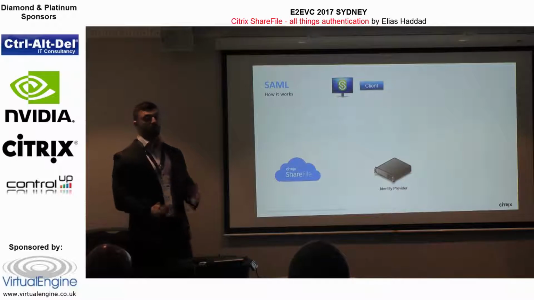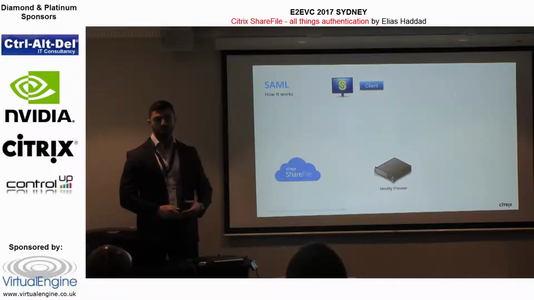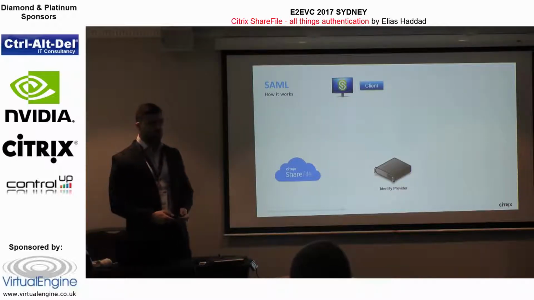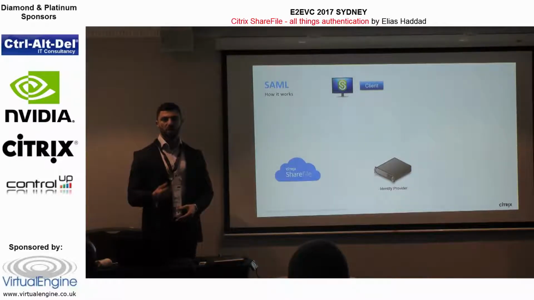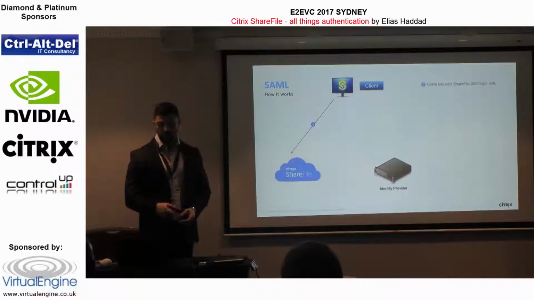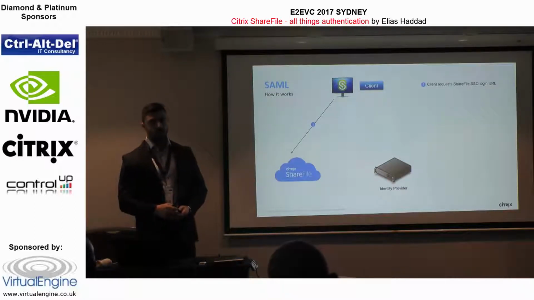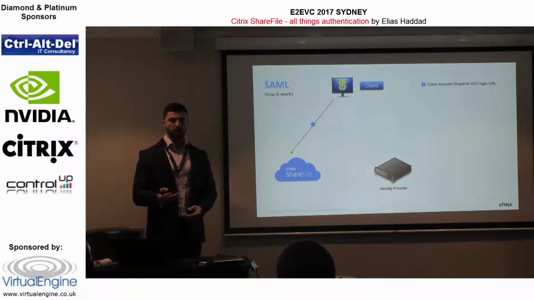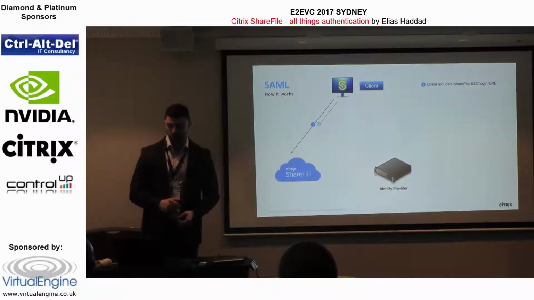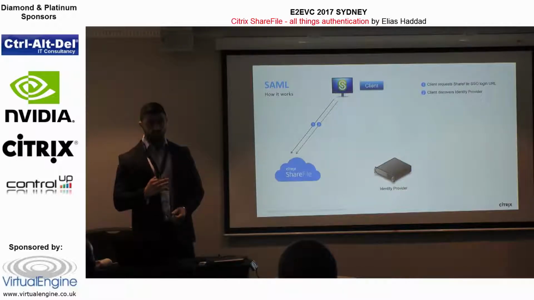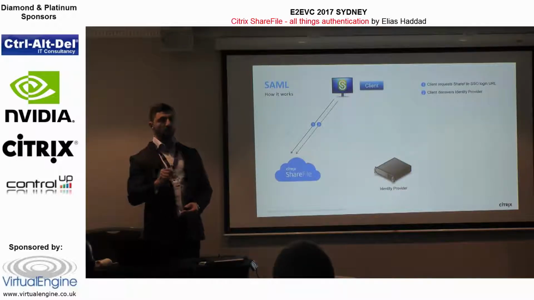For those that might not be familiar with SAML, I guess the majority of them probably are, but I'll just go through this very simple, very simplified diagram, and apply it to a ShareFile context. So in the first instance, what we have is a client here which requests an SSO login URL. Okay? It does that off the control plane. So the administrator will have already configured an SSO URL.